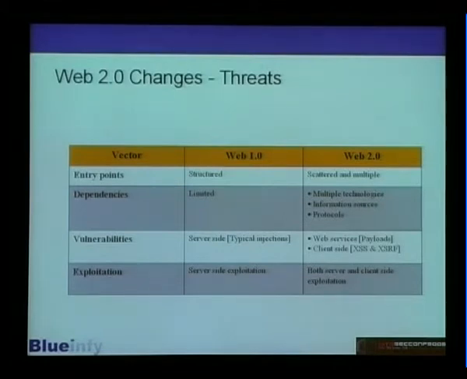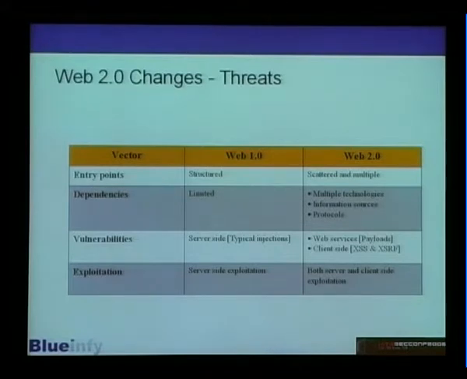Looking at vulnerabilities in 1.0, we always focused more or less on the server side, trying typical injections and such. With 2.0, what we are adding on top of 1.0 is web services payloads. We try to hack into web services, maybe JSON web services or SOA web services. And then we are looking at cross-site scripting and cross-site request forgery for all this 2.0 stuff.